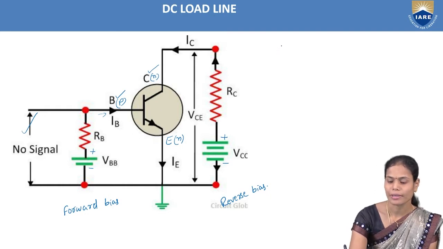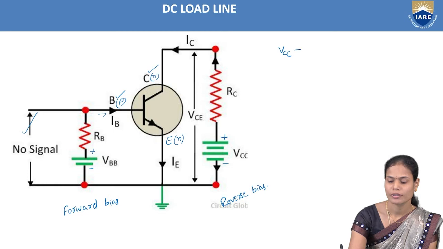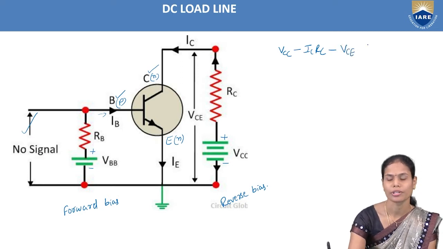Once we apply KVL, what will we get? Here it is VCC, the supply voltage, minus IC into RC, the drop across the collector resistance, minus VCE, the output voltage of the common emitter amplifier, that is equal to 0.